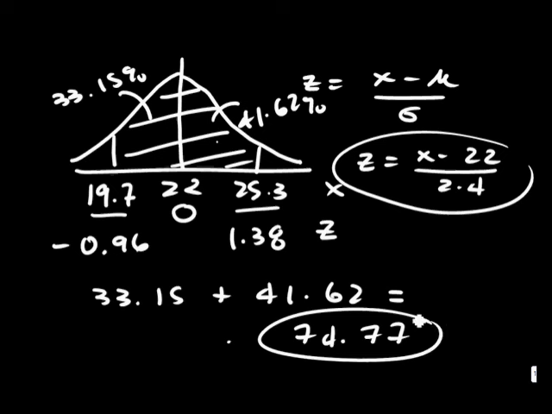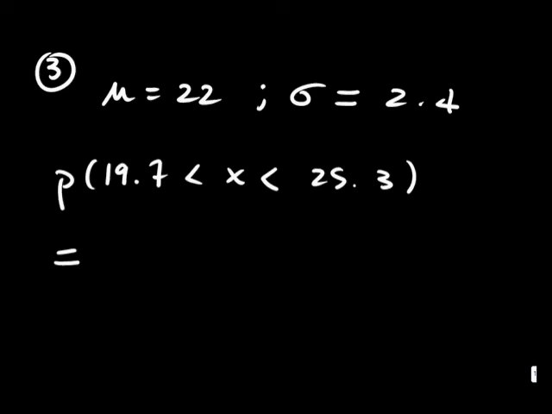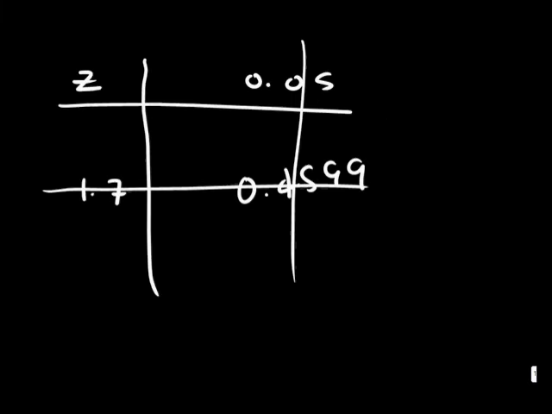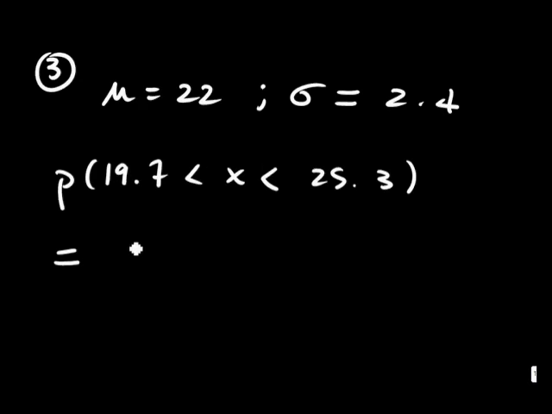This is our answer. We have the left portion and the right portion. 74.77% becomes 0.7477 as a probability.